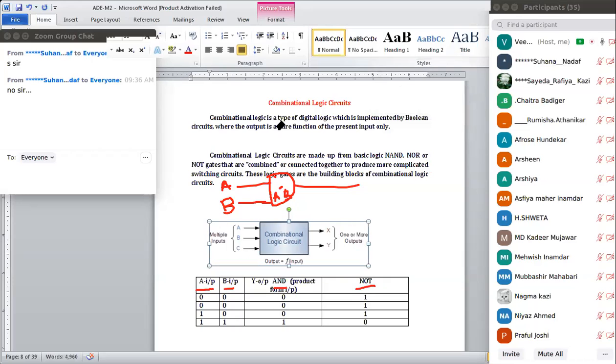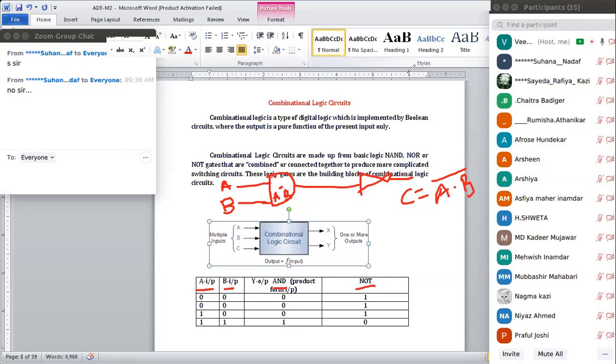If I connect a NOT gate to the output of the AND gate, then C is equal to A dot B whole bar.